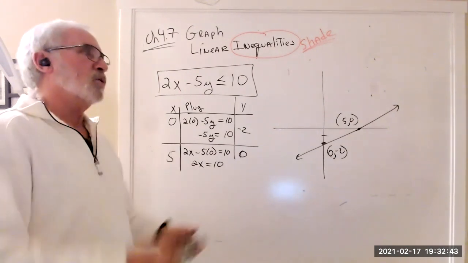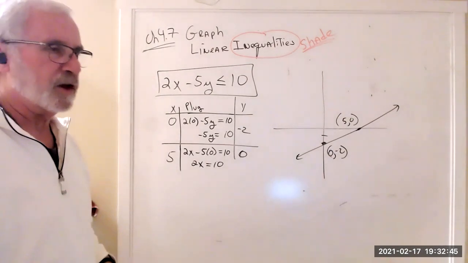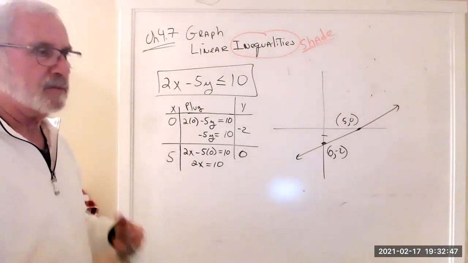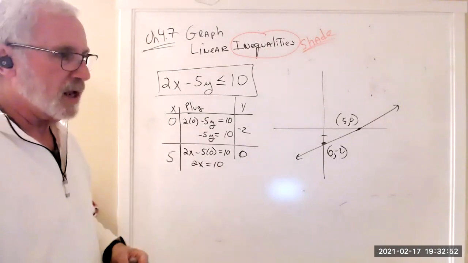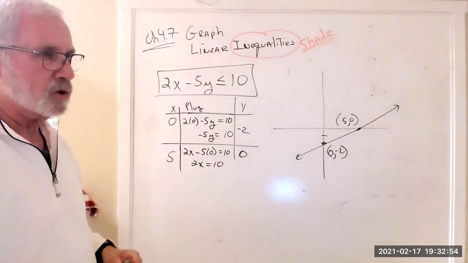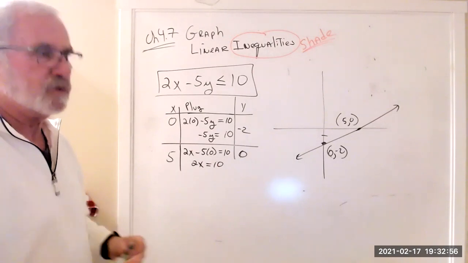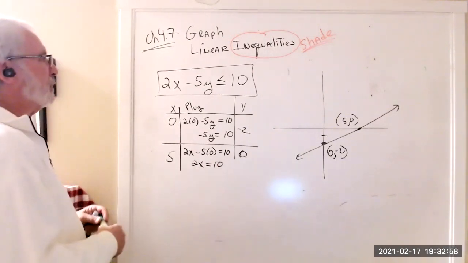So don't just ignore this. It's going to come back and become necessary. Try and learn it now so that when we have to use it in the future, it will be easier for us. But anyway, we're going to pick a test point.